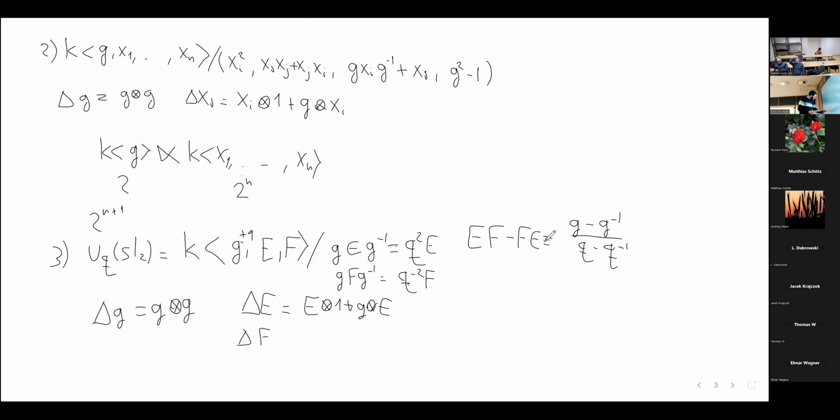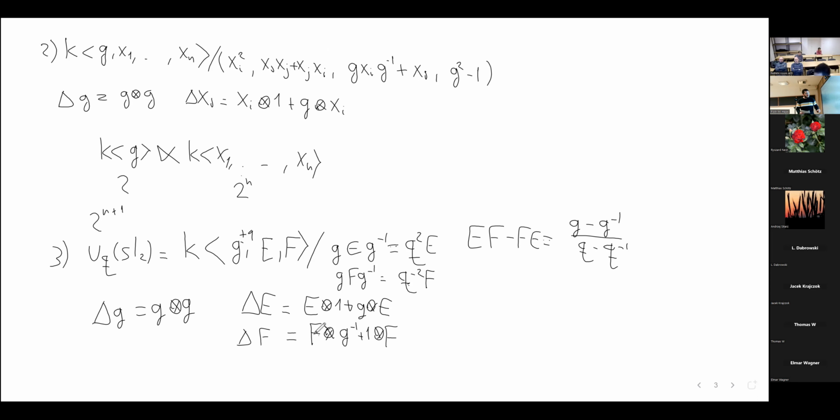And delta of f is f tensor g inverse plus 1 tensor f. Okay.